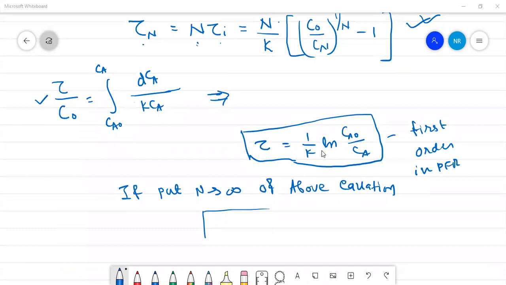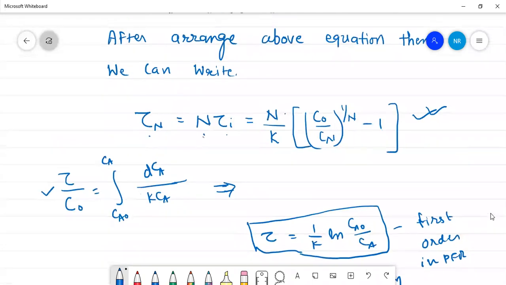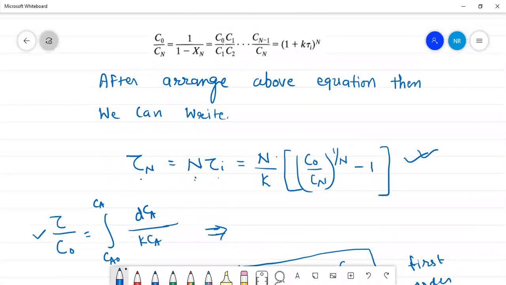Can anyone tell me what happens if I put n tends to infinity, and how we reduce this equation? Using this one, you are getting this one.